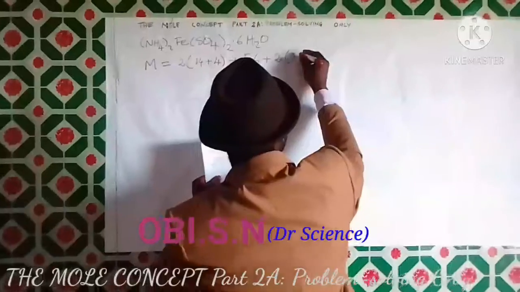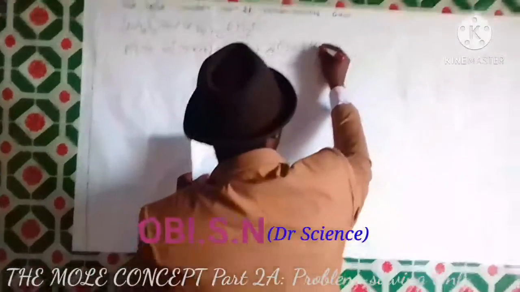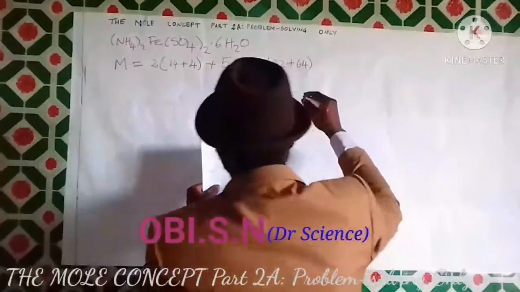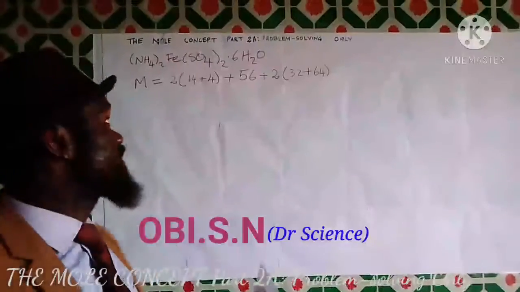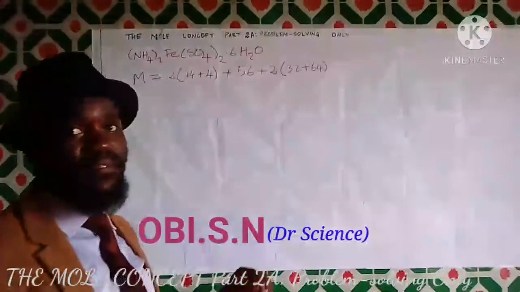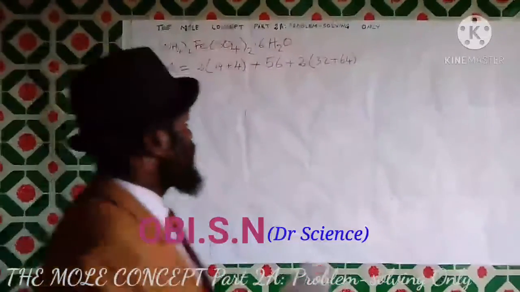So we write 2 times 32 plus 64, plus 6 times 18 grams, because we have 6 molecules of water.